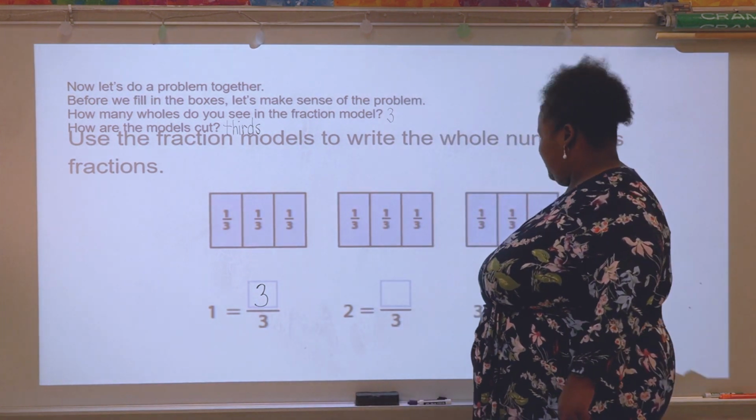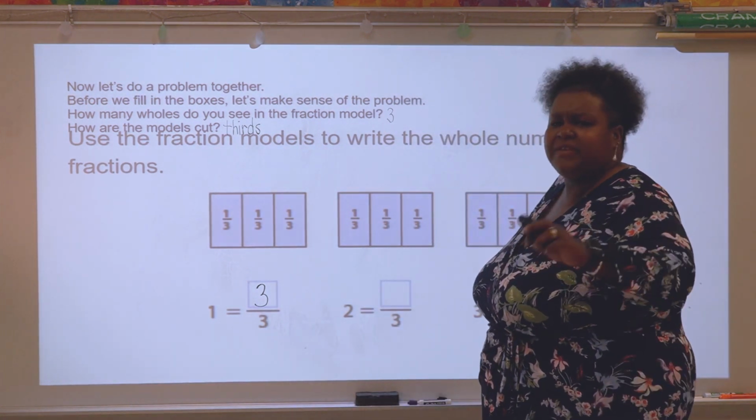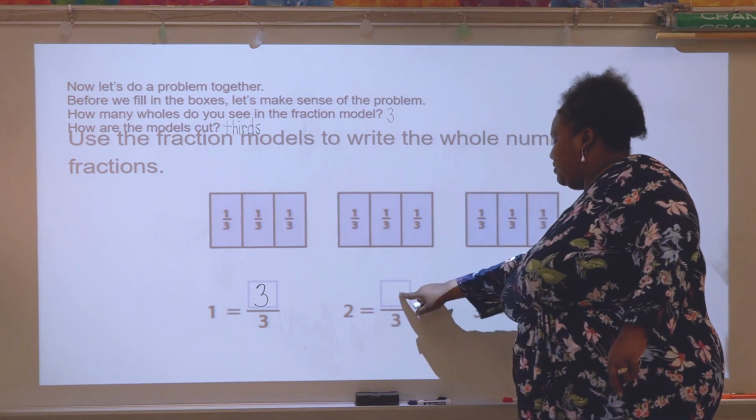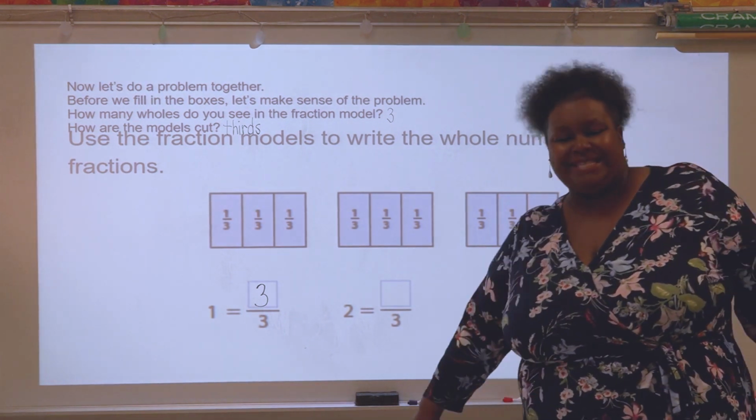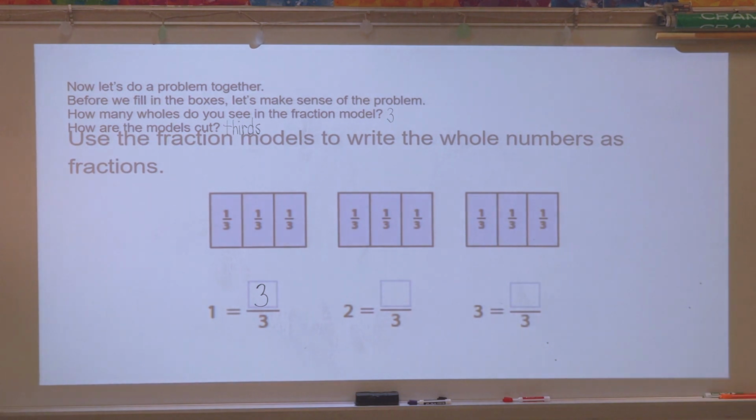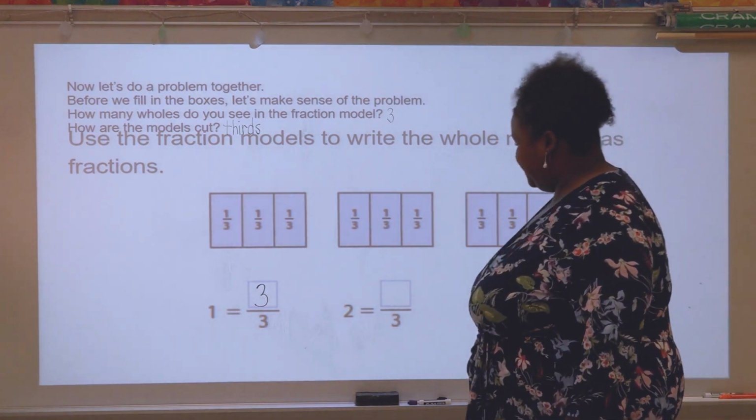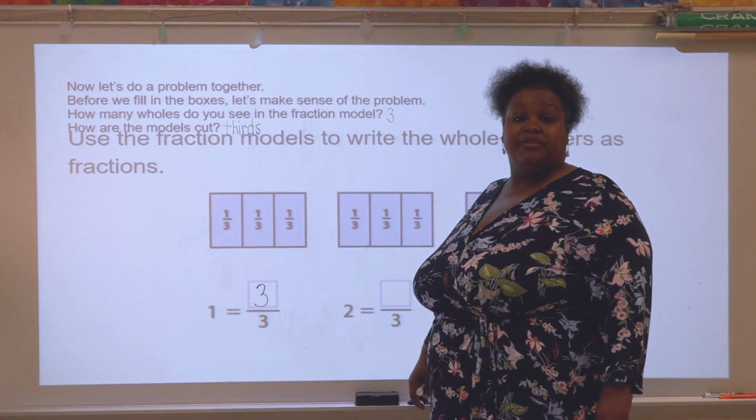Take a minute, or I'll say 15 seconds, and fill in these 2 boxes. 15 seconds, please. Okay, I'm back. Let's see. Now we put 1 whole is equal to 3 thirds.